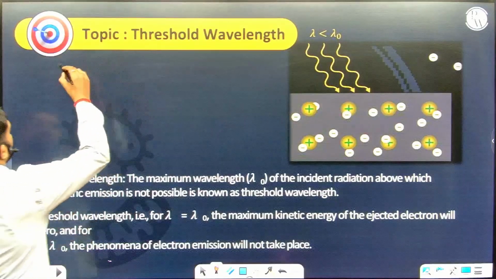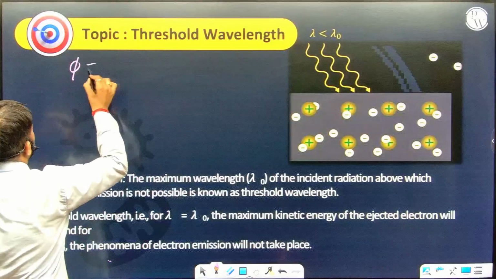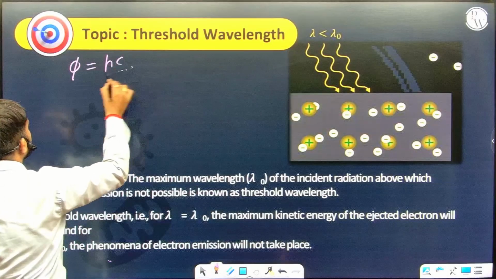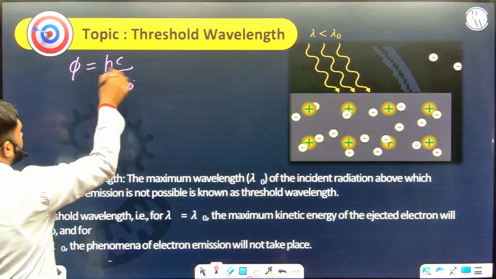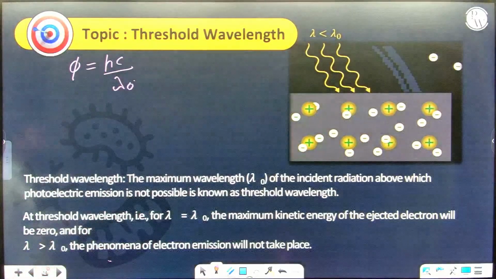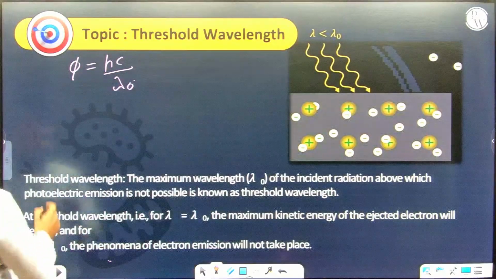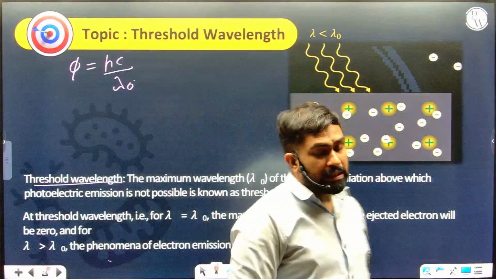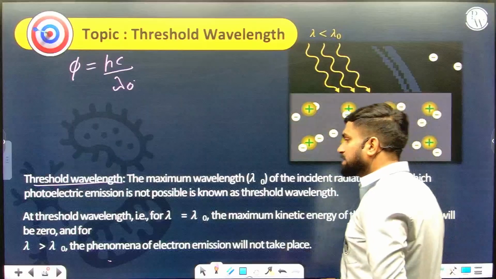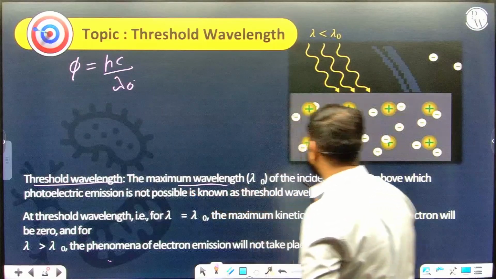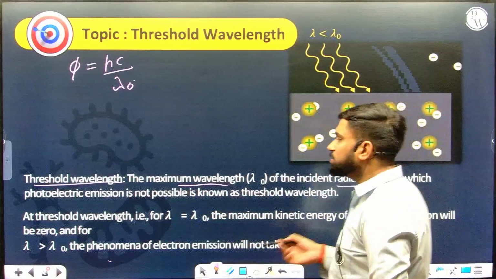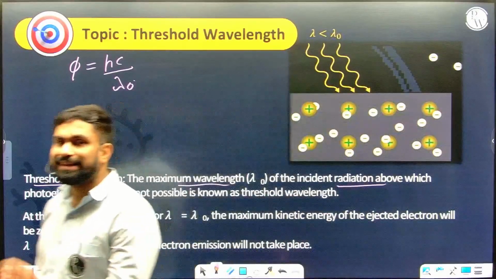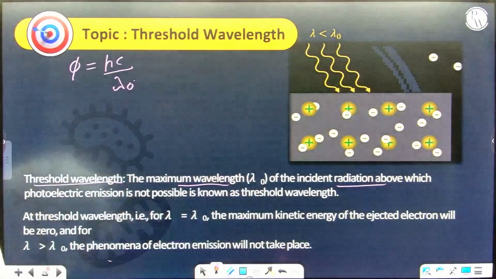So how do we define this threshold wavelength and the threshold frequency? I can write the work function of the metal as hc by lambda naught, where lambda naught is the threshold wavelength. What is threshold wavelength? It's the maximum allowed wavelength with which the incident radiation can perform photoelectric emission.